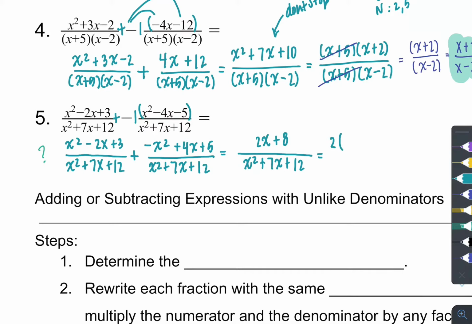So the top we do 2 times x plus 4. And the bottom we've got two numbers, 3 and 4, multiply to be 12, add to be 7, so we get x plus 4 and x plus 3. These cancel, and so we are left with 2 over x plus 3. So that right there is our final answer.